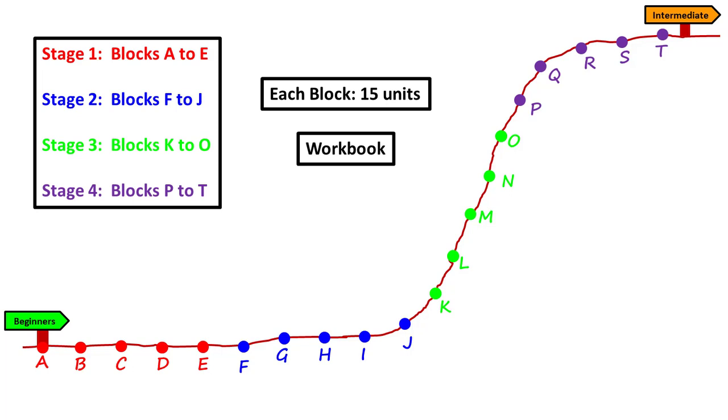The general idea is that with your language coach you're going to be completing between 1 and 2 units per lesson. That's what we want to aim at. That should work out at about 45 weeks, something like that, per stage. So that's the sort of time scale that you're going to be looking at.